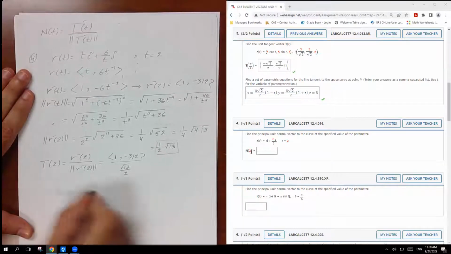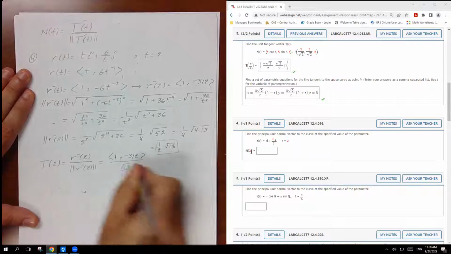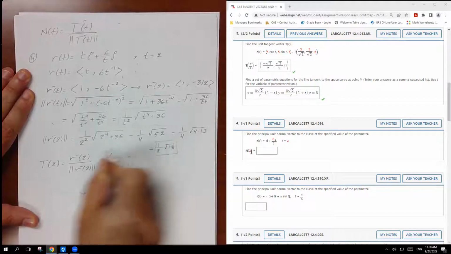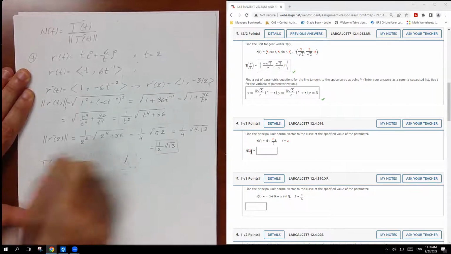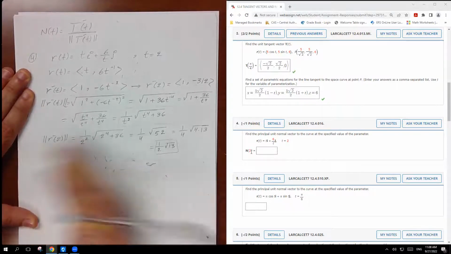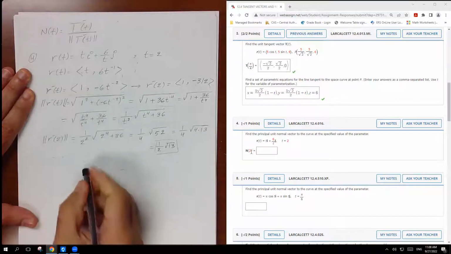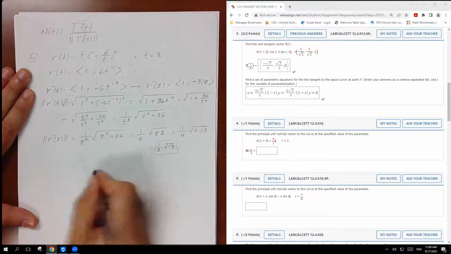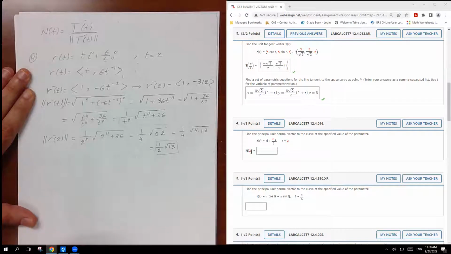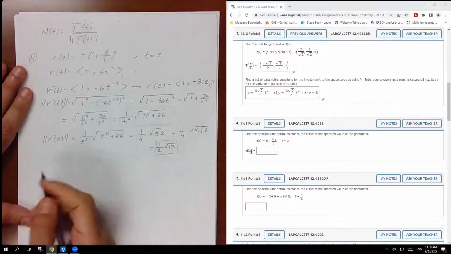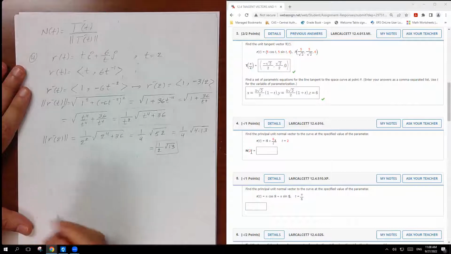Because we don't need this one, I'm not going to use it. Now I need to find the tangent vector with respect to t. When I find the derivative, I can find the principal unit normal vector.